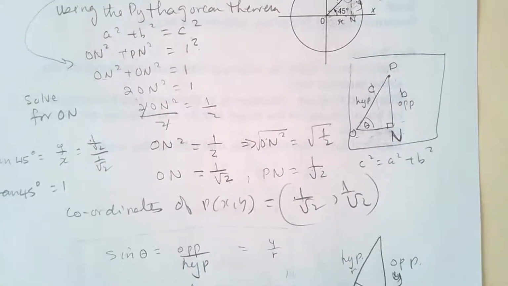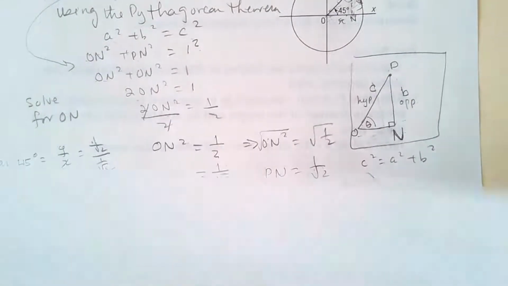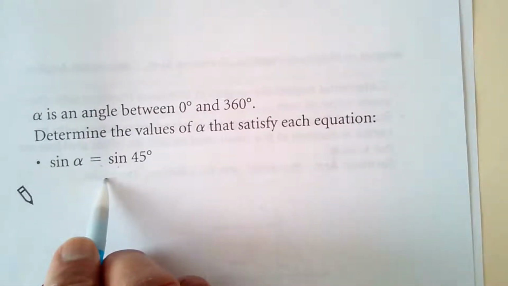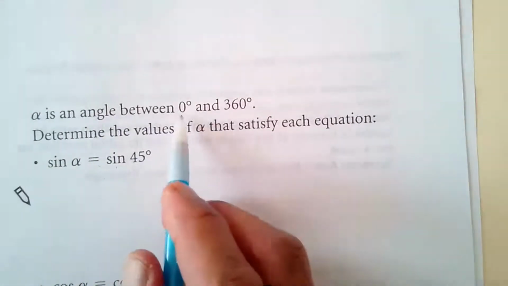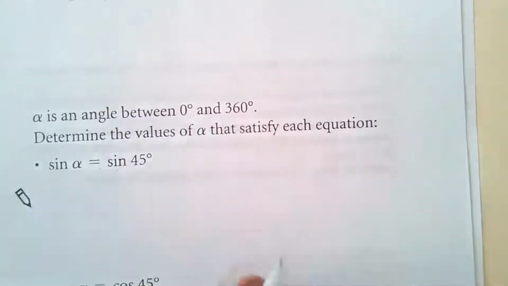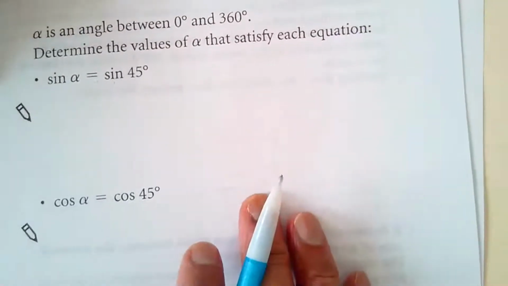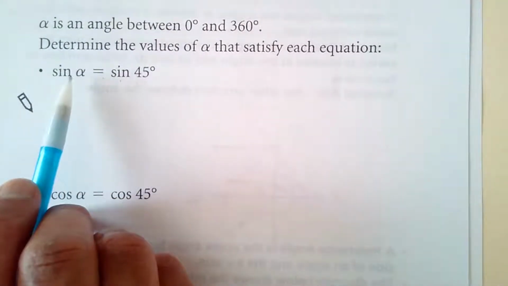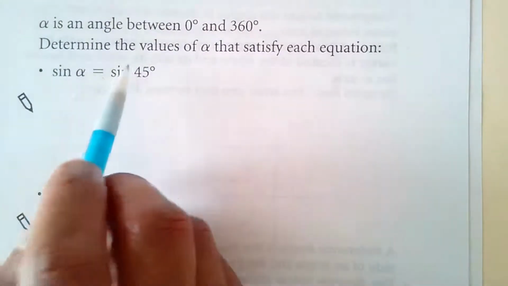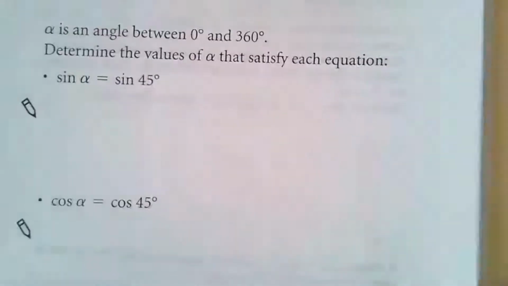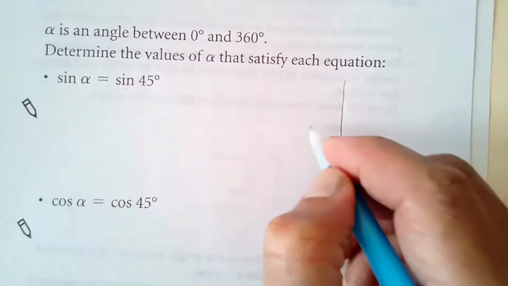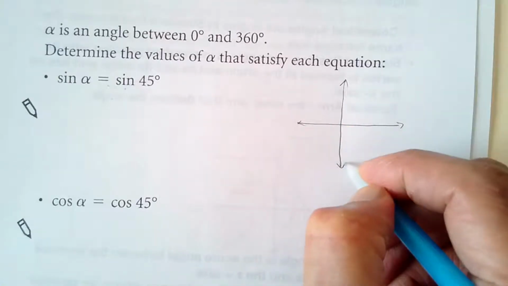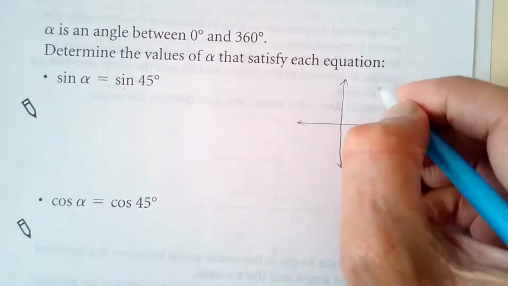Okay, let's look at the other angles you would like us to find. We're looking at angles between 0 and 360, which is a complete circle. What you have to remember from grade 11 is the CAST rule, C-A-S-T.